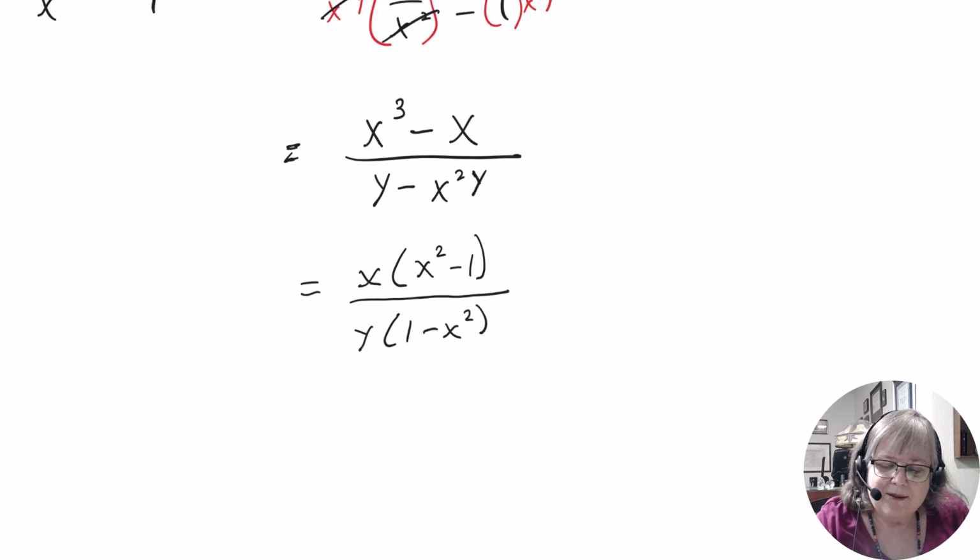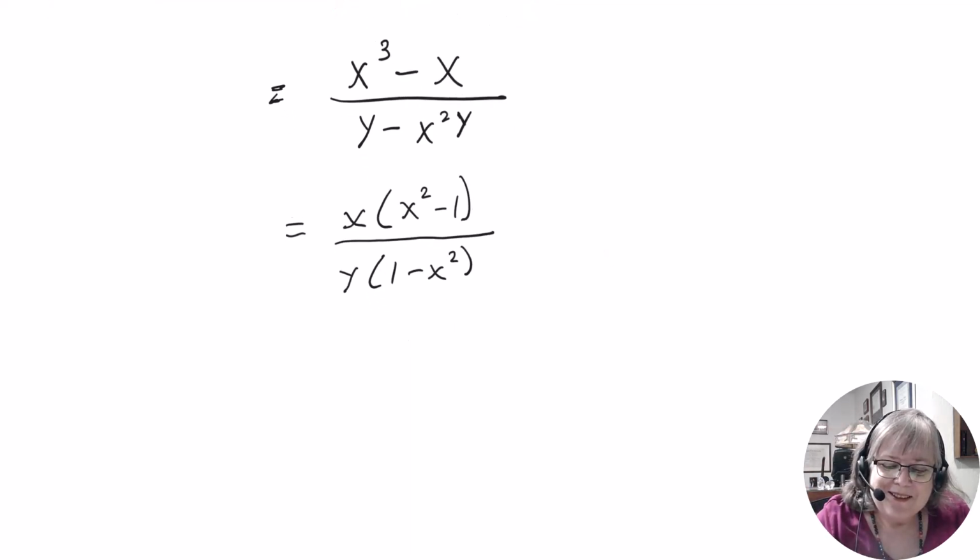See how the x squared minus 1 and the 1 minus x squared are so close. It's almost like they've been in a revolving door and you just kind of really want them to go like this. So you can do that not by multiplying by a negative, but by factoring out a negative.